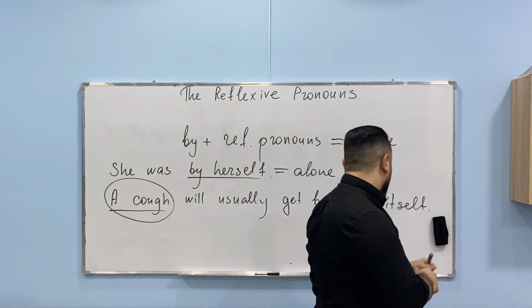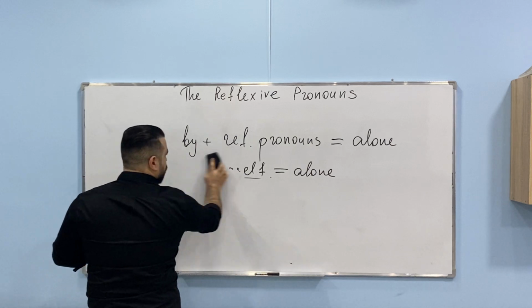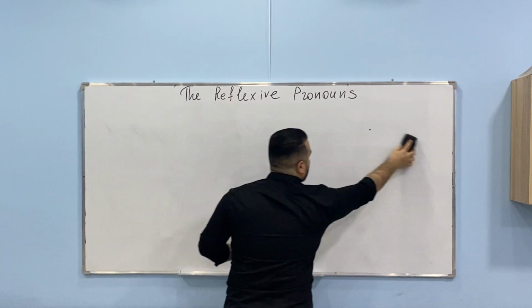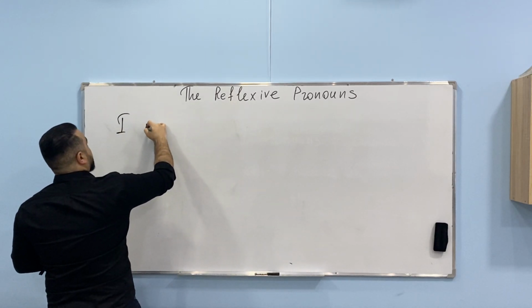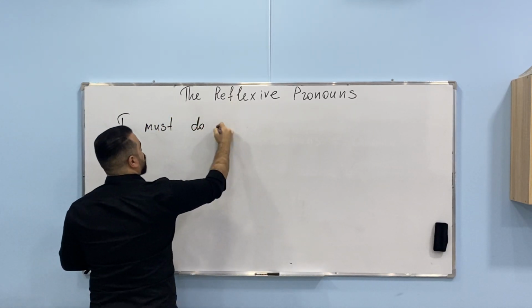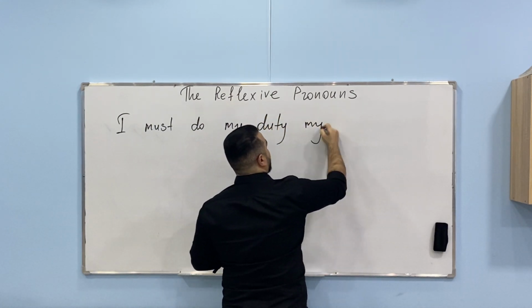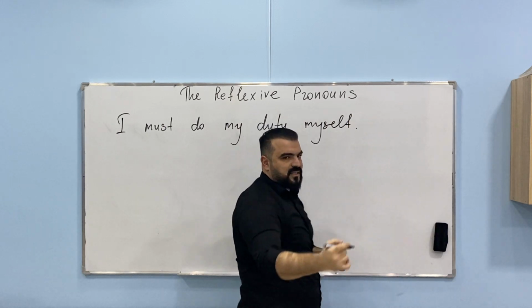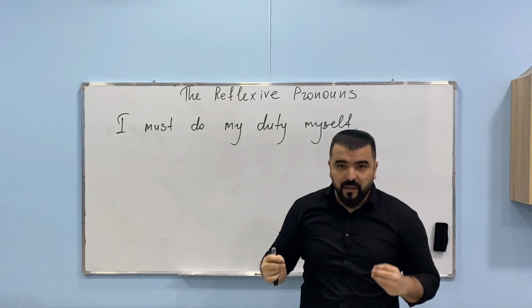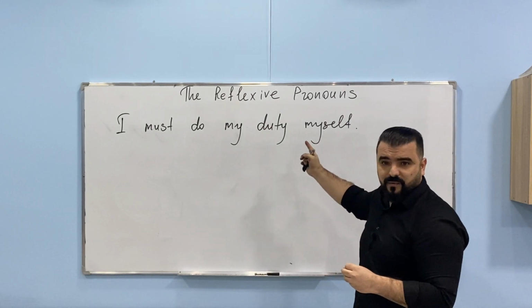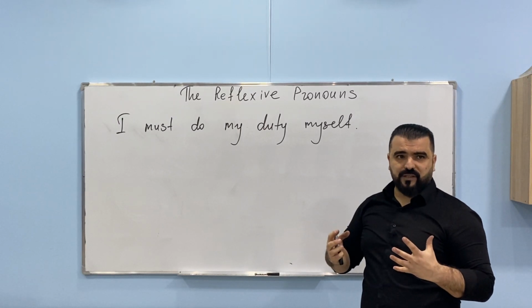For example, I must do my theory myself. I must do my theory myself. Here, myself is used to emphasize the meaning of the sentence.